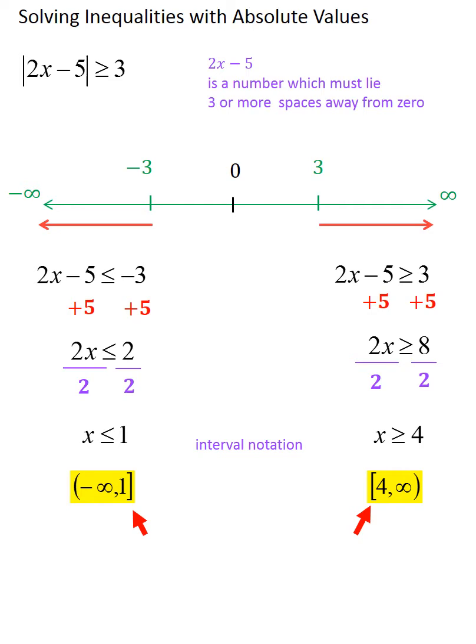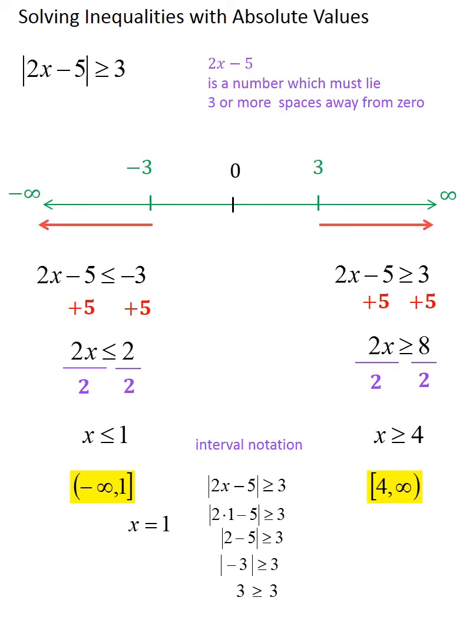And just to show you why we've put brackets here or included these, let's examine the possibility of x being 1. If I take the original problem and substitute 1 for x, and I do some arithmetic, I find myself with a true statement. 3 greater than or equal to 3 is true because 3 equals 3.